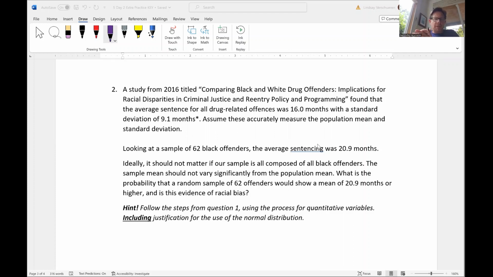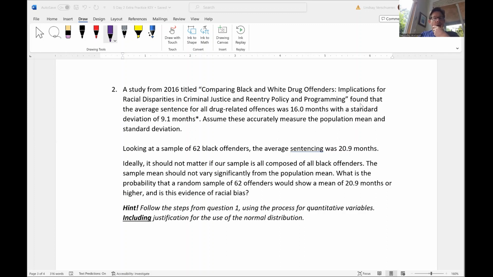So this is a particularly powerful example of how statistical evidence can be used to show bias or show no bias in a situation. I refer in this to a study from 2016 called Comparing Black and White Drug Offenders, Implications for Racial Disparities in Criminal Justice and Reentry Policy and Programming.